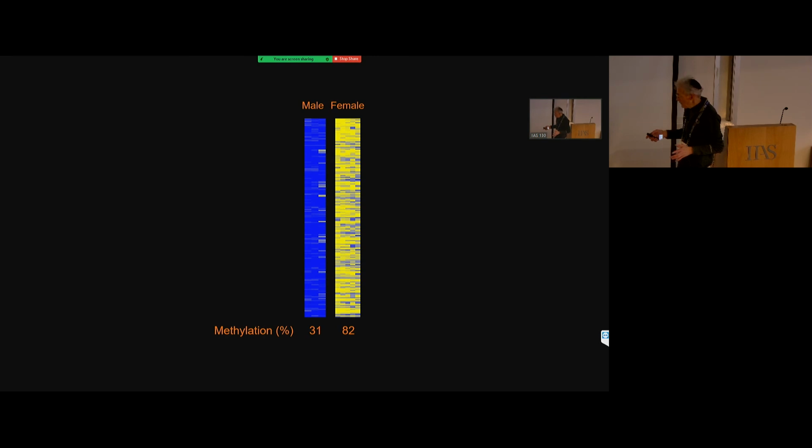Another example, if you look in the liver of male and female animals or in man, you see that all of these sites are unmethylated in the liver of the male, but in the female they're methylated. And this is a postnatal process. It occurs at 3 weeks.